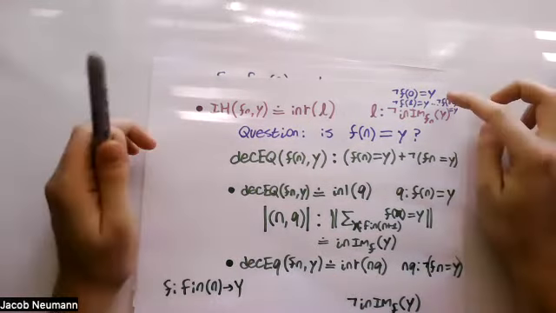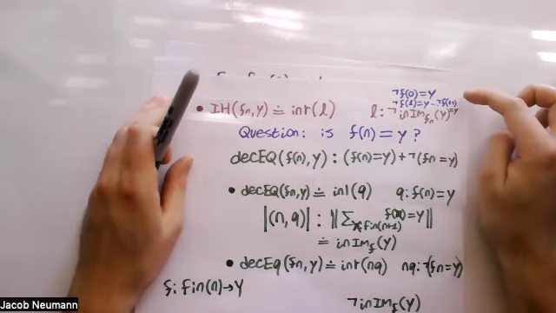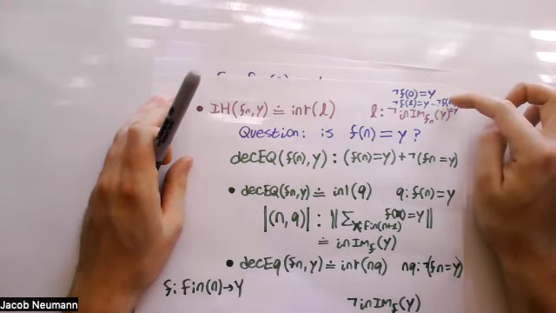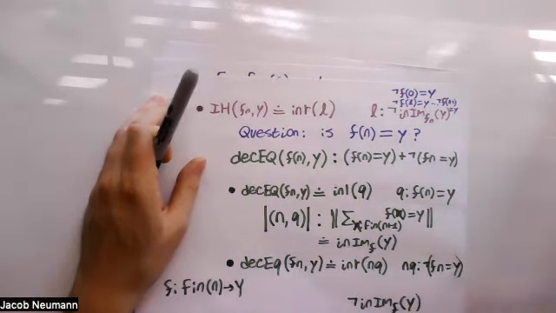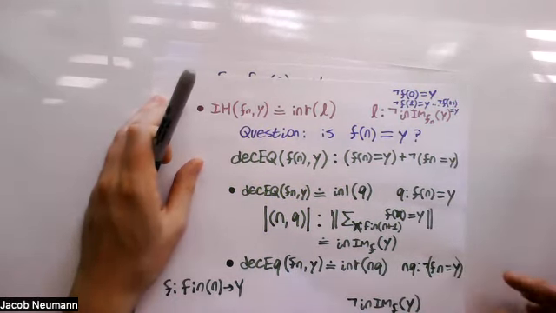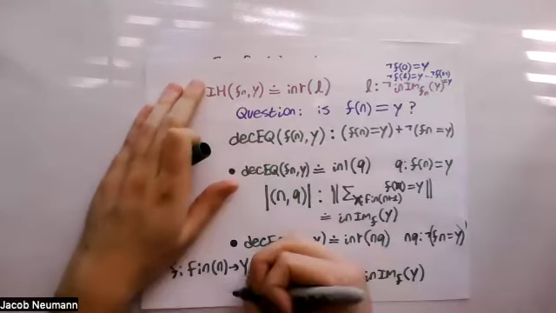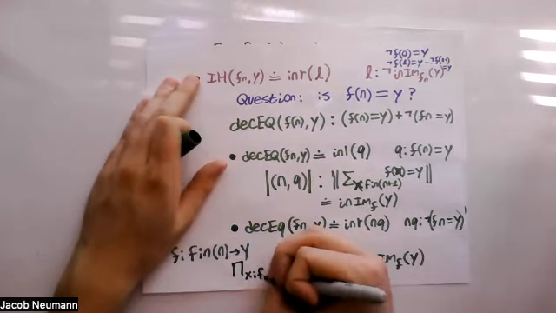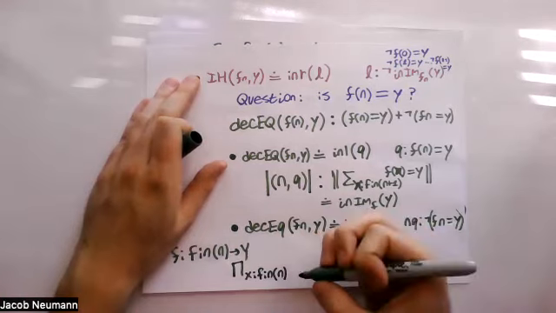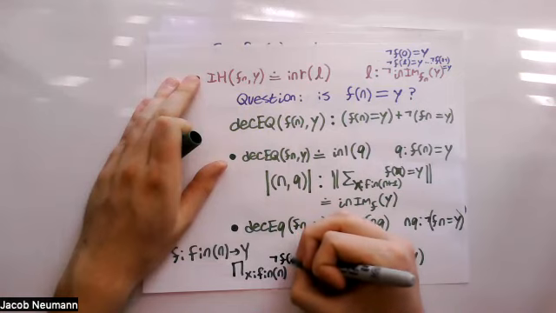I proved up here that f of 0 is not equal to y, f of 1 is not equal to y, and so on, all the way up to f of n minus 1 is not equal to y. And then finally, I've got one more thing that says f of n is not equal to y. I can package that all together to say that for all x in Fin (n plus 1), not f of x equals y.